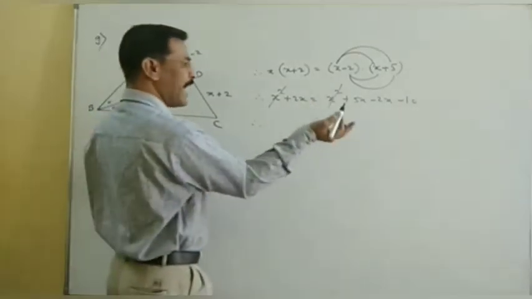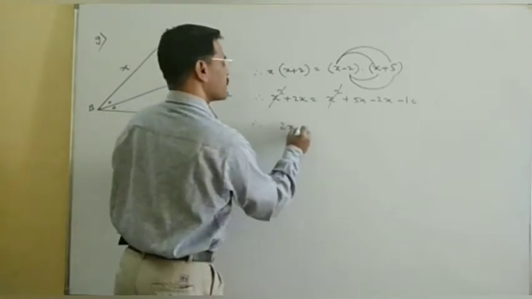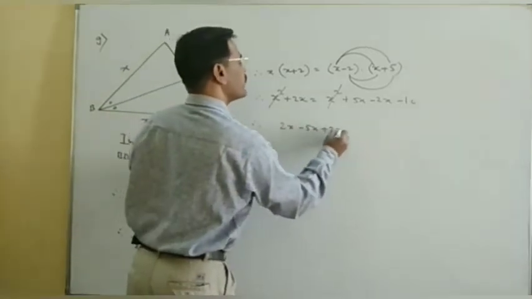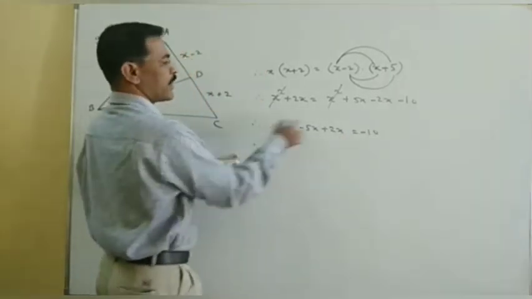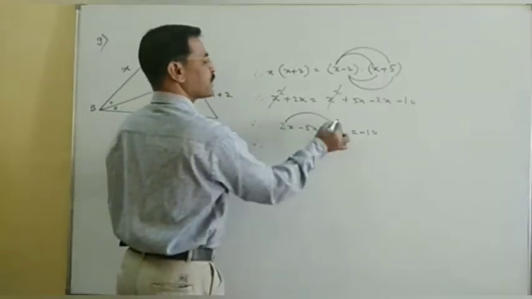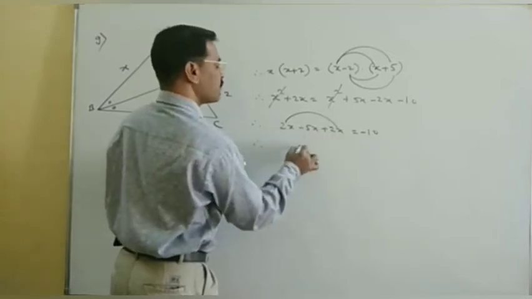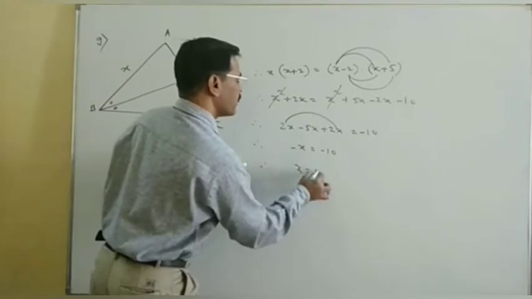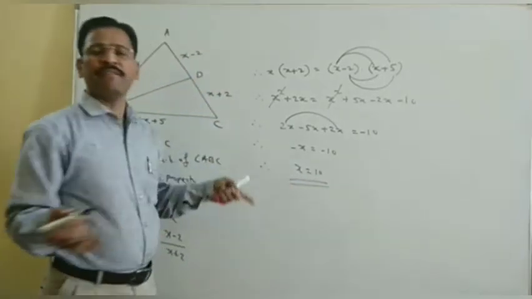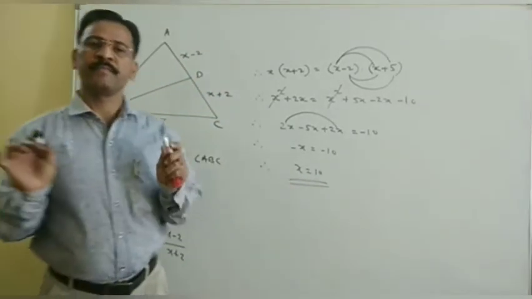Now take all the x terms together. 2x minus 5x plus 2x is equal to minus 10. Now tell me how much you get here. 2x plus 2x is 4x, minus 5x, which is minus x, is equal to minus 10. Therefore, x is equal to 10. It is very, very simple.